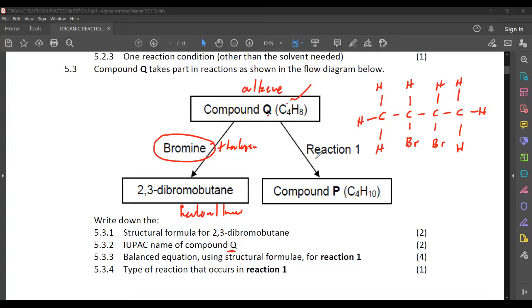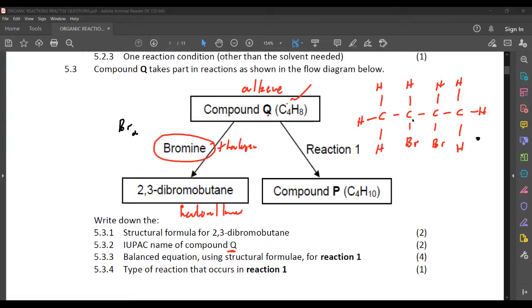Now the product that is formed is this one. That's the product. So how did I form this? I must have reacted Q, the alkene, with bromine, as you can see, and eventually I got myself into this haloalkane. So I must have added bromine. How many bromines are there? Diatomic, 2 of them.